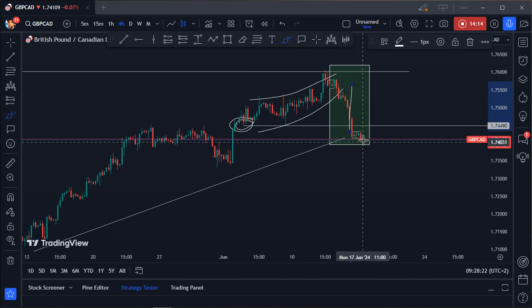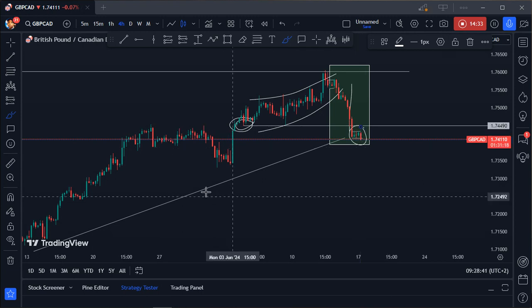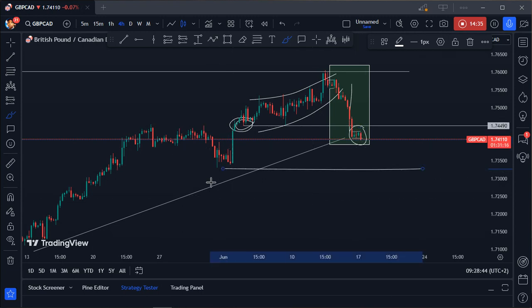Now this is our continuation, of which this is where I initially took my entry. Just like 30 minutes ago, I took my entry from here, and right now it's still running in loss, but I know once it moves and goes around here, I'll be around 2% in profit.